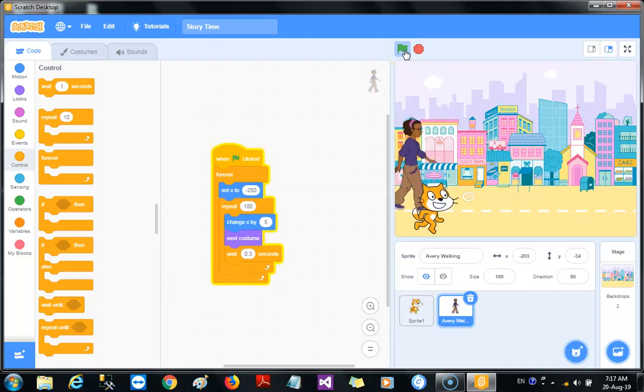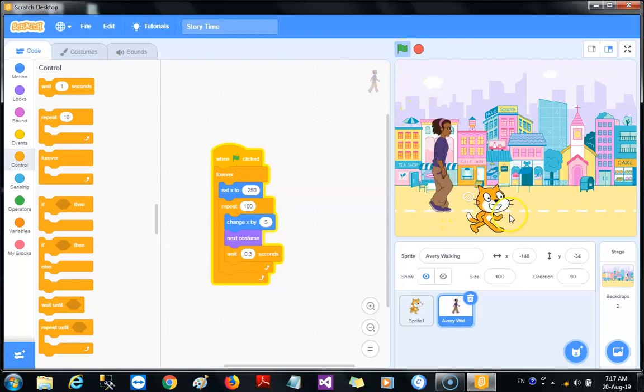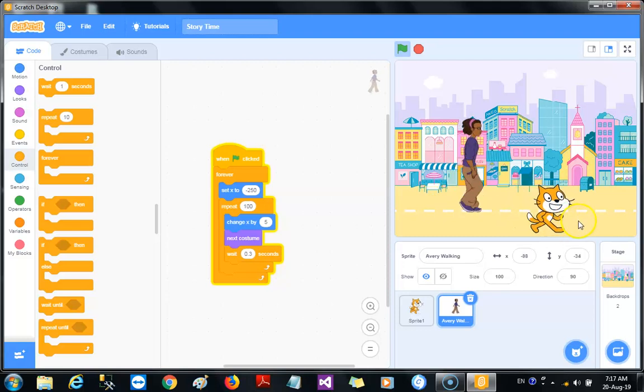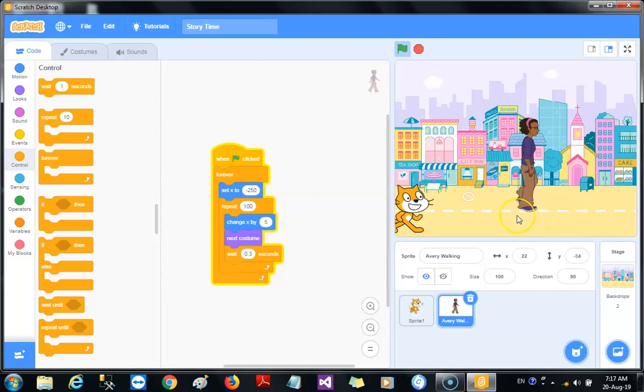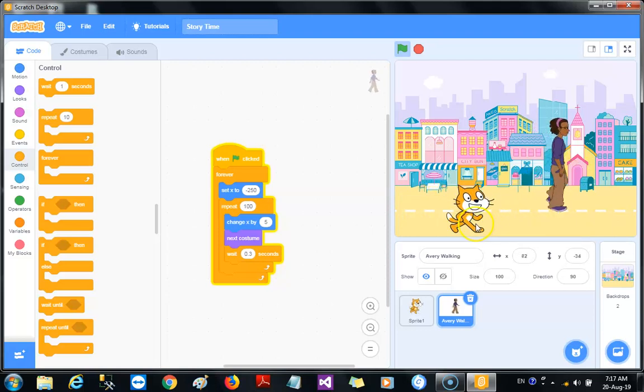Now can you see that the cat actually is faster than Avery, and it looks to me like the cat is going to get across the stage first, while Avery is still somewhere in the middle. But Avery is making some progress.